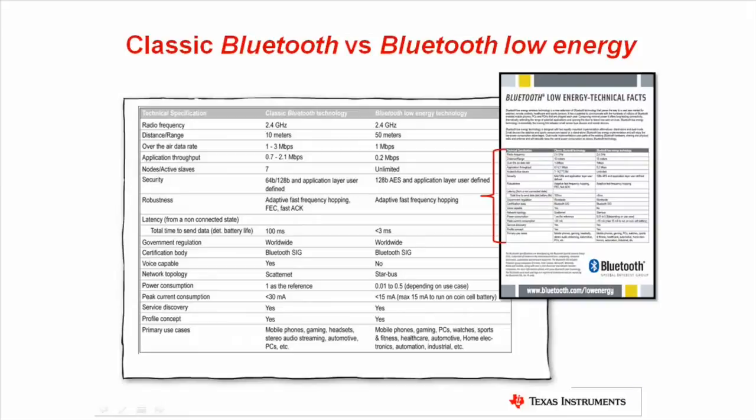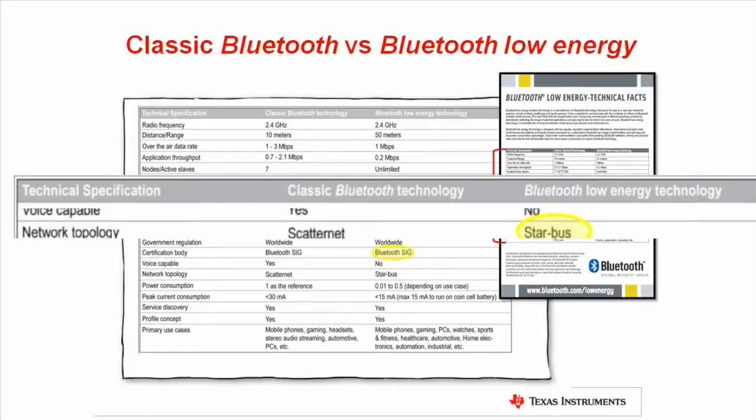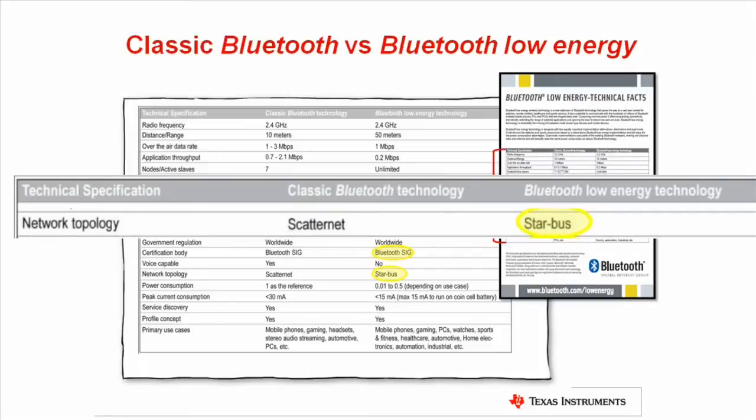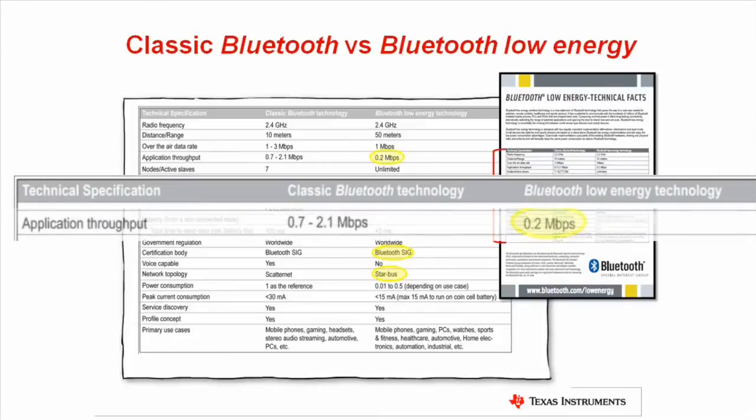Let's take a quick look at the specs for both classic Bluetooth and Bluetooth Low Energy. Both are, of course, maintained by the Bluetooth Special Interest Group, SIG, and provide an open multi-supplier platform ensuring interoperability. BLE addresses use cases with smaller data packets to be sent infrequently.